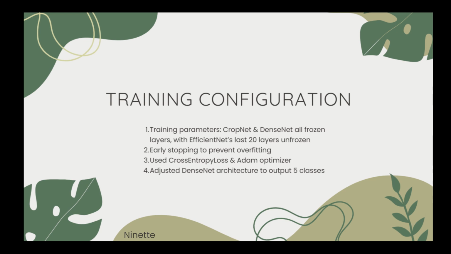Thirdly, our models were trained using categorical cross-entropy loss, which is suitable for multi-class classification. We also used the Adam optimizer with a learning rate of 0.001 and a batch size of 32 over multiple epochs. Lastly, the final dense Snake 169 layer was modified to output 5 classes, the 4 diseases and 1 healthy category, replacing the original 1000 class layer from ImageNet pre-training.